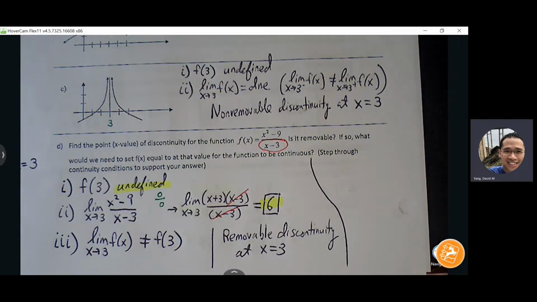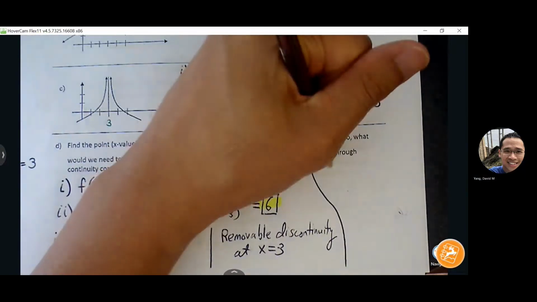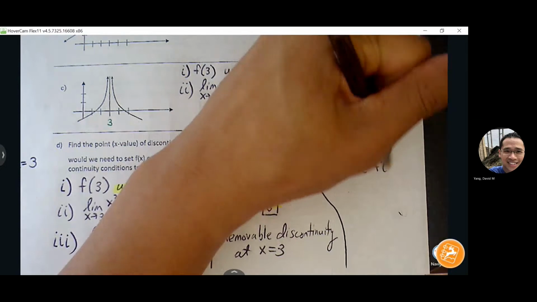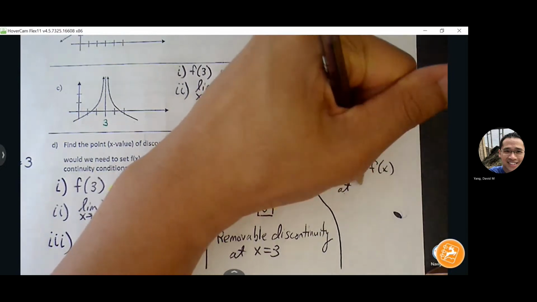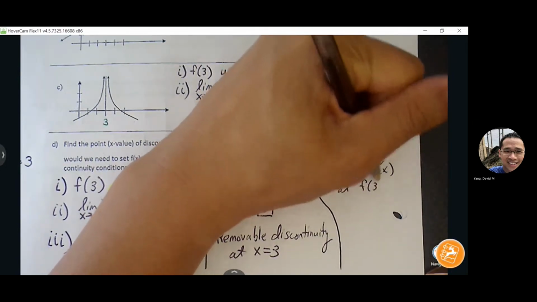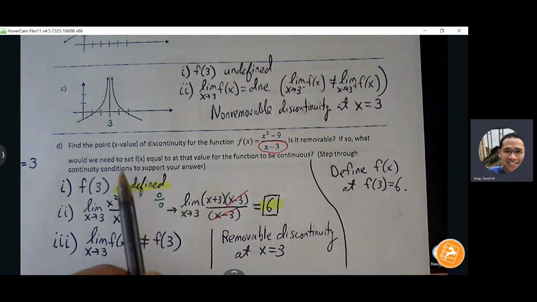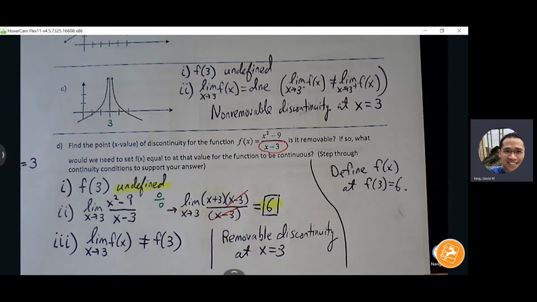Just fill in that hole. It's asking, what's needed for us to fix that discontinuity? We just have to fill in that hole, the ordered pair (3, 6), and all of a sudden that hole will be filled in with the function.